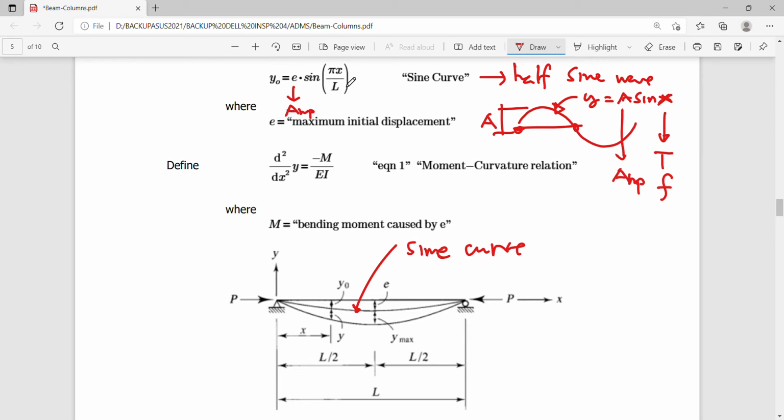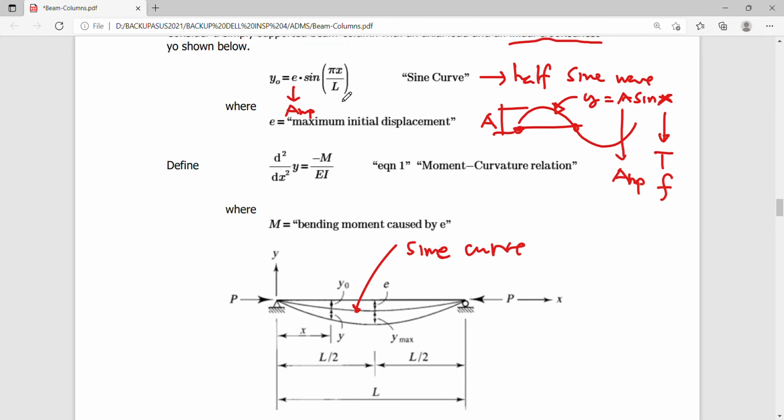And your angle here, which has something to do with the period, is simply defined in terms of pi x over L. So if you do a graph analysis of your sine wave here, you will notice that the length of this is simply your pi.